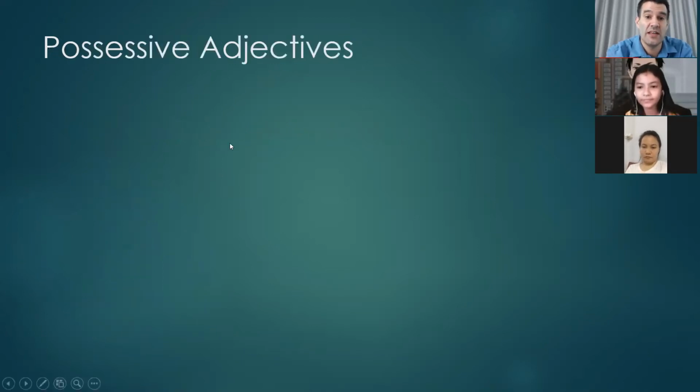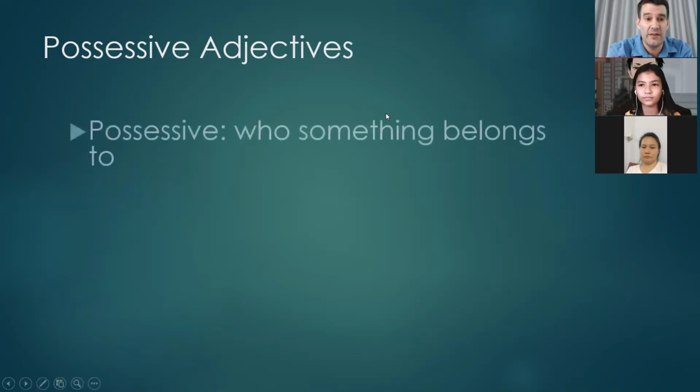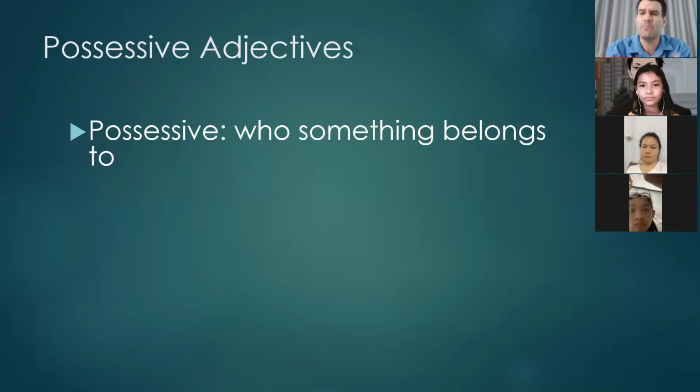So we can start talking about possessive adjectives. So what does this mean? This is 2 words, possessive and adjective. So I will go through what these words mean and what they mean together. So possessive. Possessive means something belongs to you.